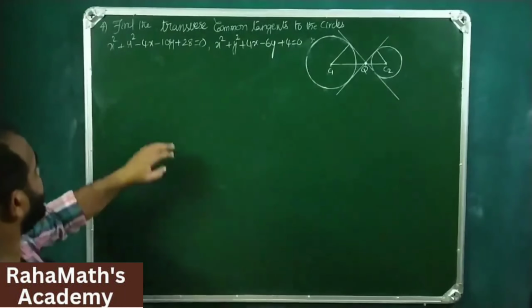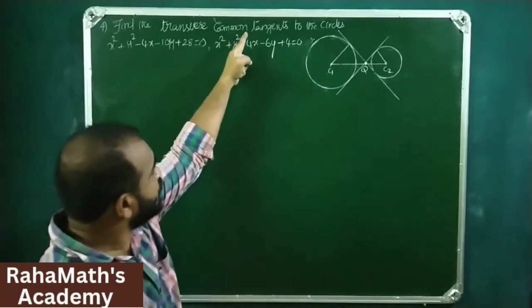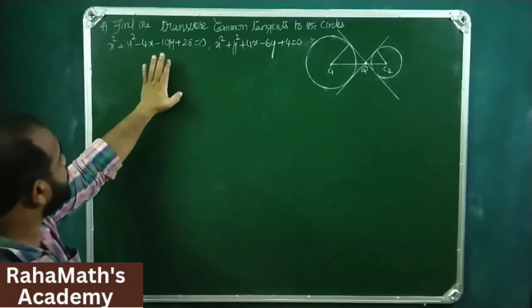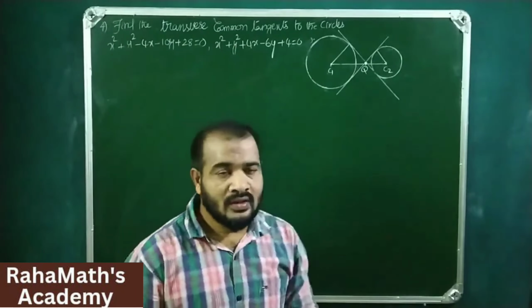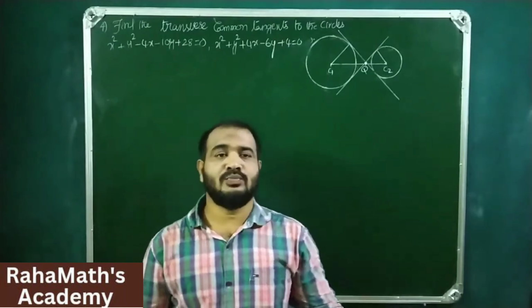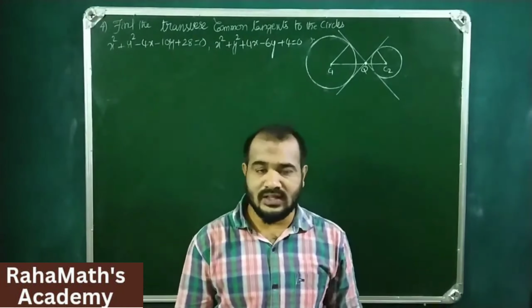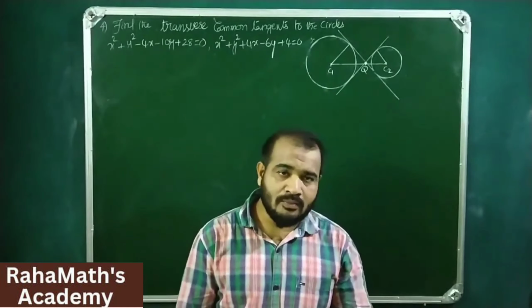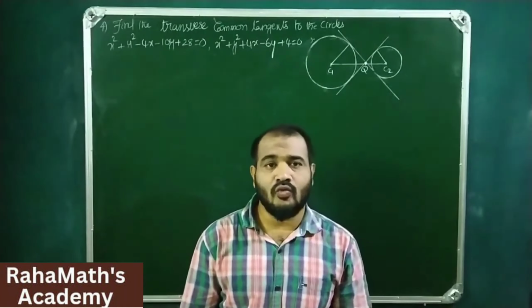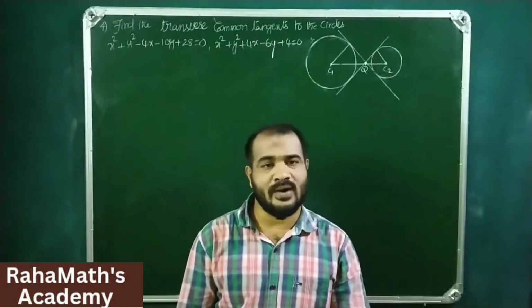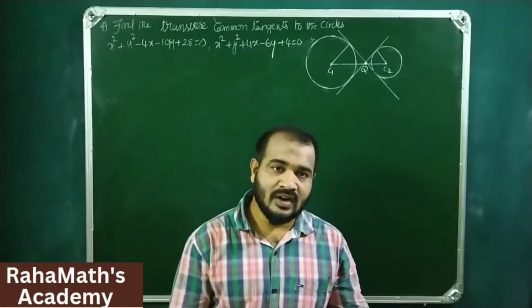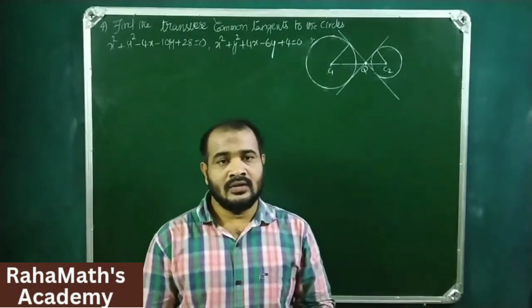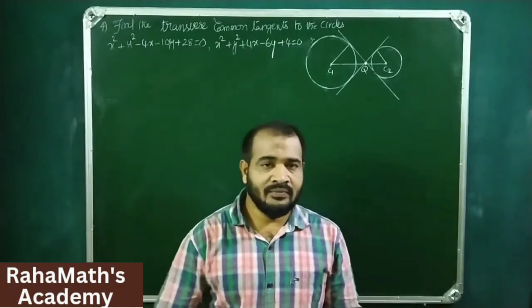Now the fourth question is, find the transverse common tangents to the given circles. So the difference between the last problem and this problem is, in the last problem we were asked to find the direct common tangents. This time, transverse common tangents. So I'll tell you again.